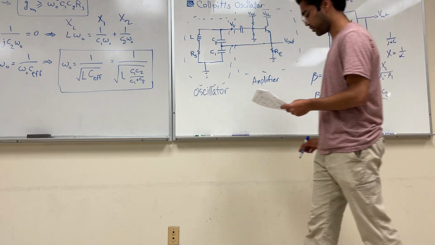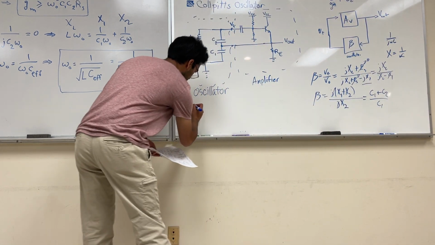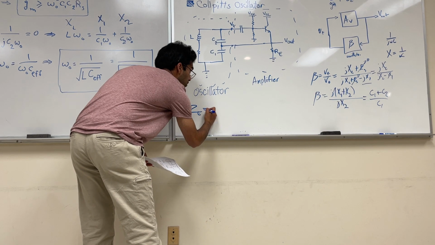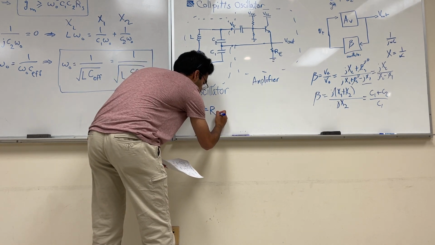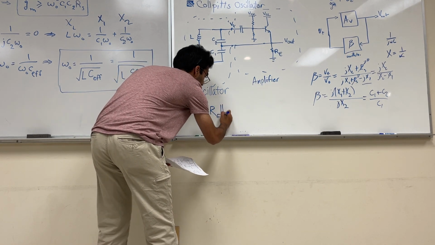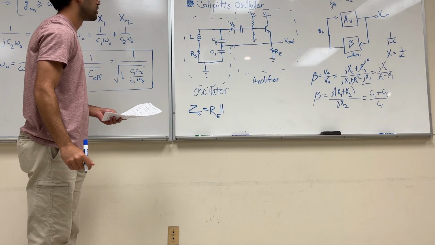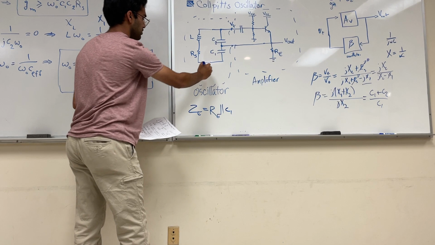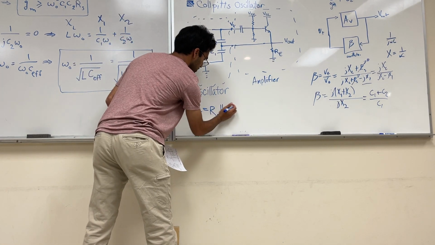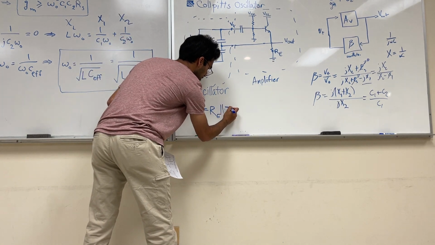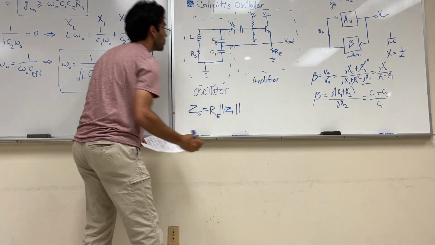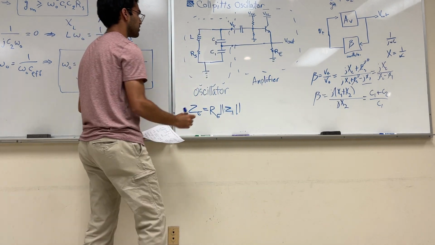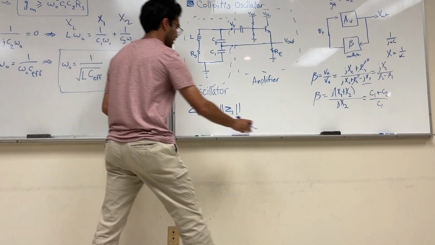Yeah, and so if you were to model the impedance at the emitter, it'd be ZE equals that resistance at the emitter in parallel with C1, so that C1 goes to ground, or Z1 we'll call it, in parallel with, you know what, I'll just draw this.